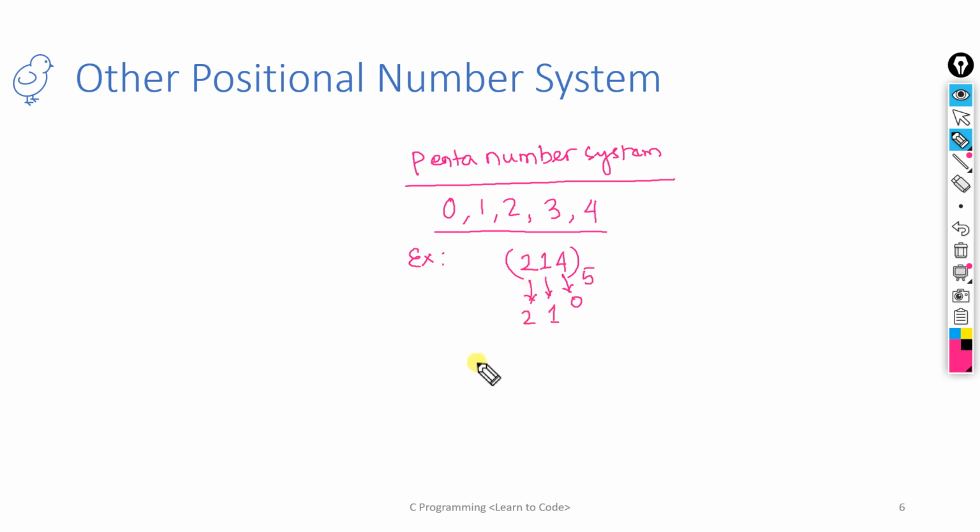So you do 2 into 5 to the power 2, plus 1 into 5 to the power 1, plus 4 into 5 to the power 0.